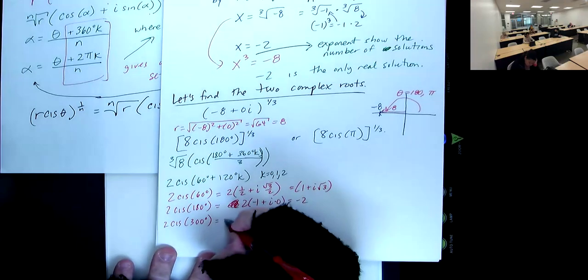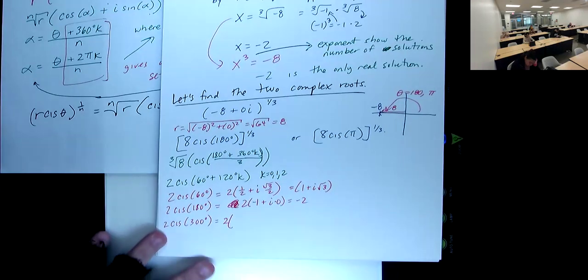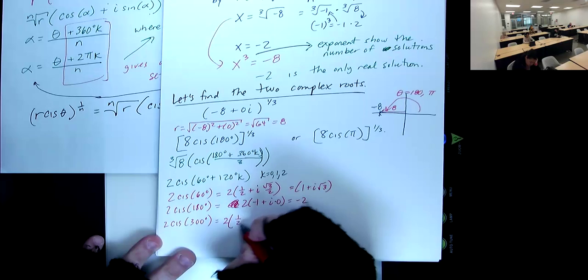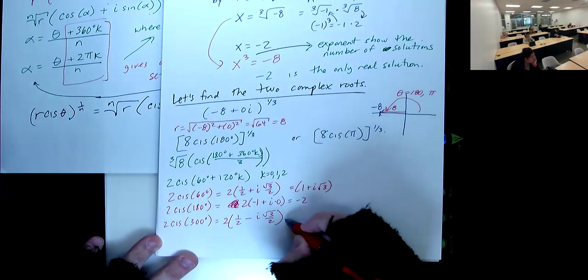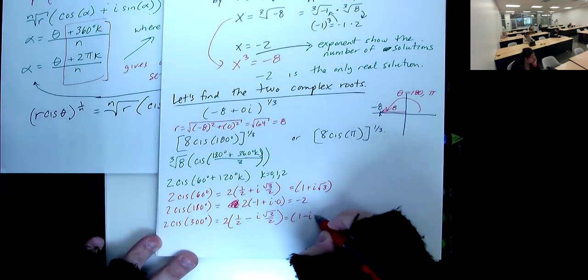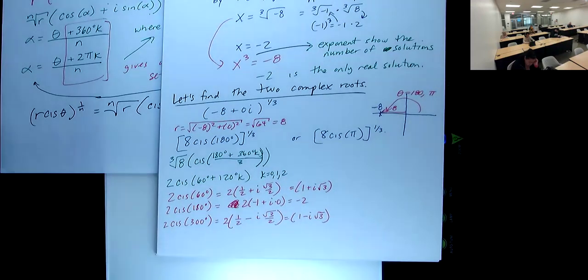And if we do this one, we've got 2 times cosine of 300, which is still 1/2, but i sine of 300 is negative root 3 over 2. So we have 1 minus i root 3. The k values are there because those are the only k values available, going up to n minus 1.